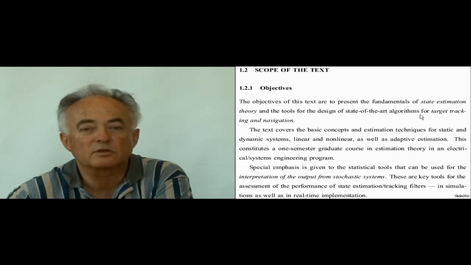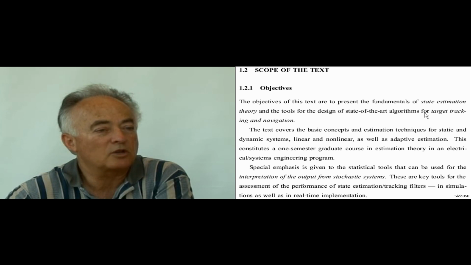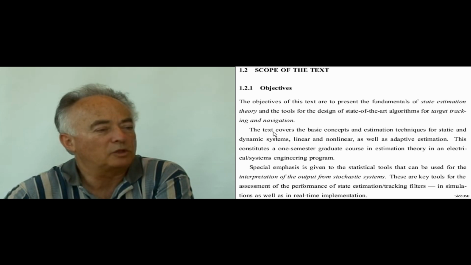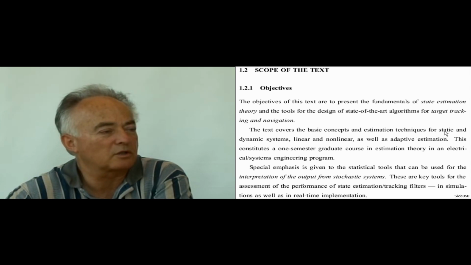That's an engineer's number one job. In this case, the application will be target tracking and navigation. We'll cover the basic concepts and estimation techniques for static and dynamic systems. This is really parameter estimation for static systems, state estimation for dynamic systems.